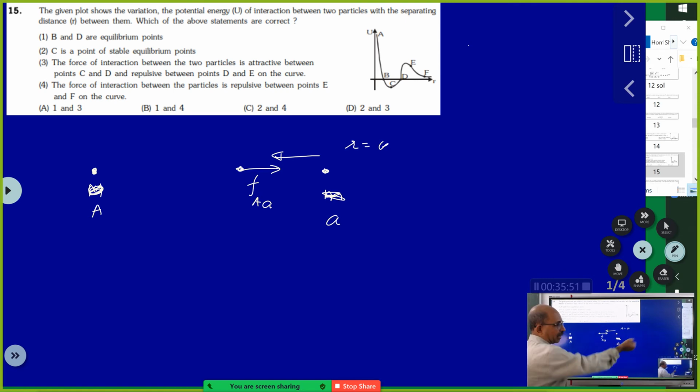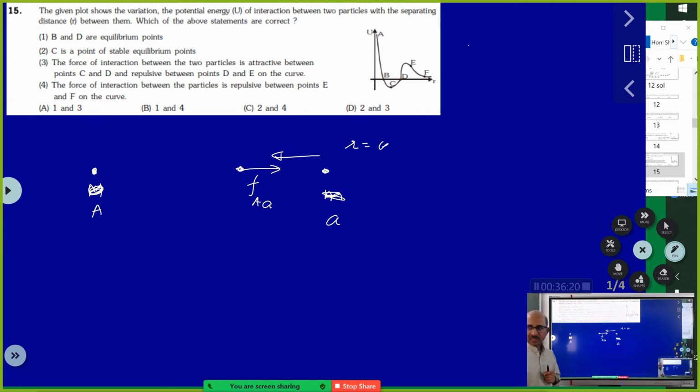So therefore CD should be a region of attraction. And repulsion between D and D, wrong. So third is not the option. Fourth one, repulsion between E and F, that we have done. So it is options 2 and 4. So C is the right answer.